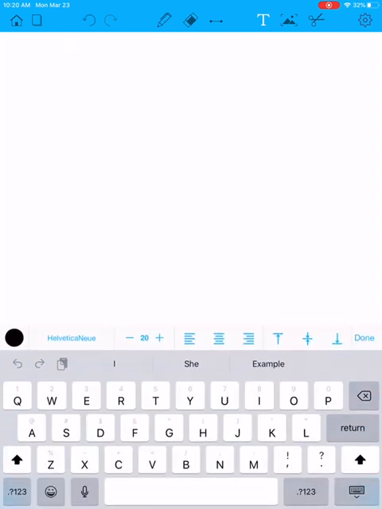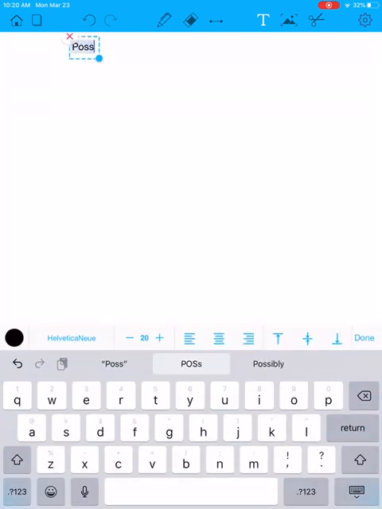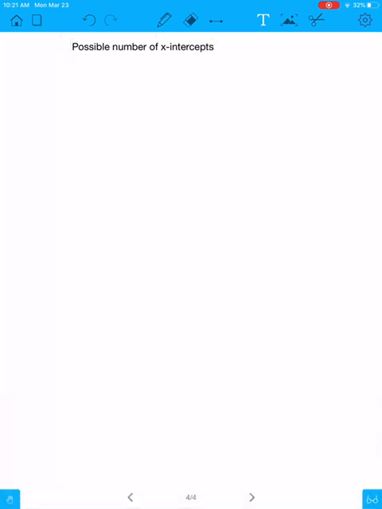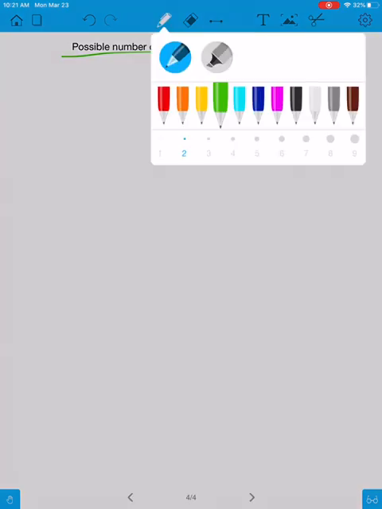Okay, one last thing to go over. Possible number of x-intercepts. Boom. Ooh, bad lining.